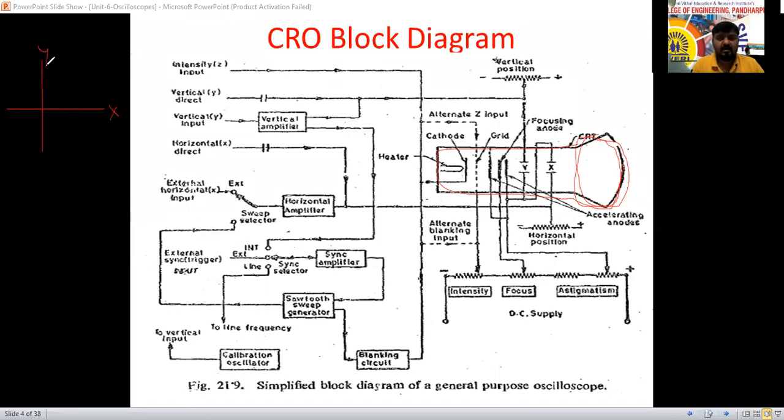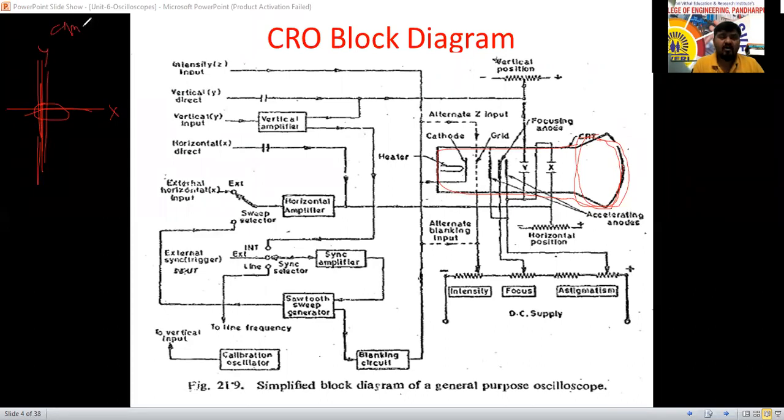The heart of this is the CRT, and based on the x-axis and y-axis, we take vertical inputs and horizontal inputs, and take synchronization for them. For the lower signal to higher signal, or higher signal to lower signal, whatever it is, amplification is required for both x and y.